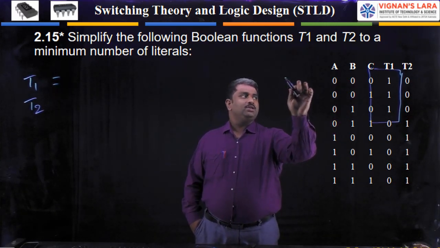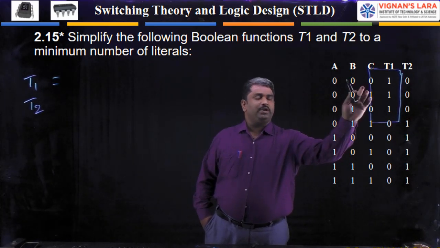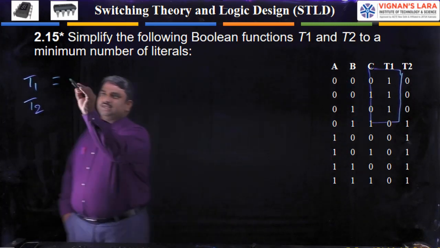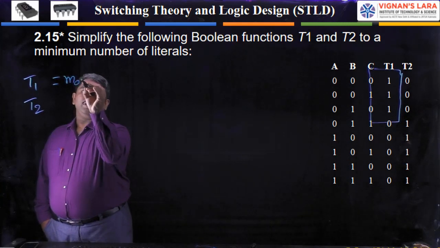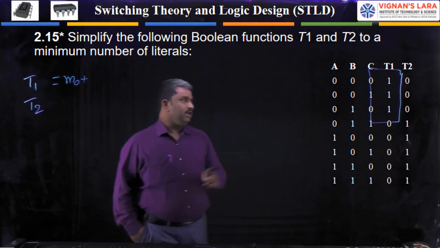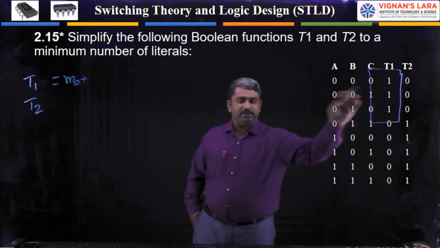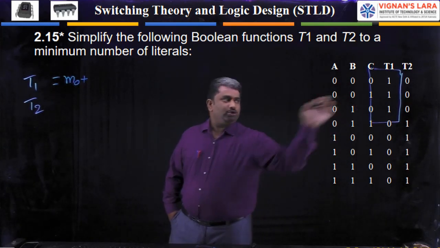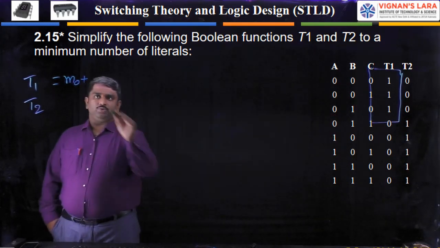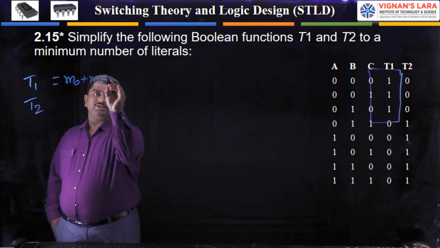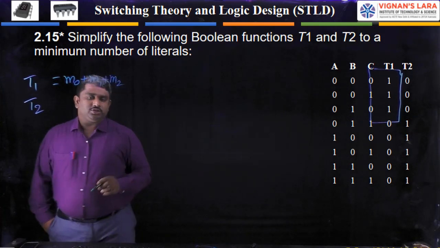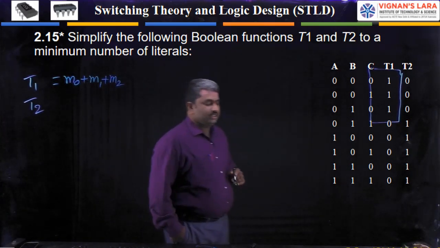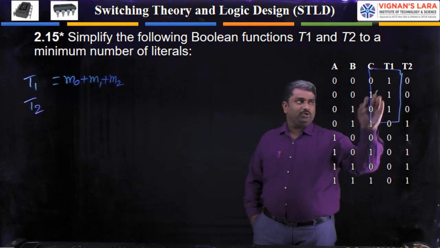That is nothing but the minterm m0. Next, plus 0 0 1, that is m1. Next m2. So these are the given functions m0, m1, m2.